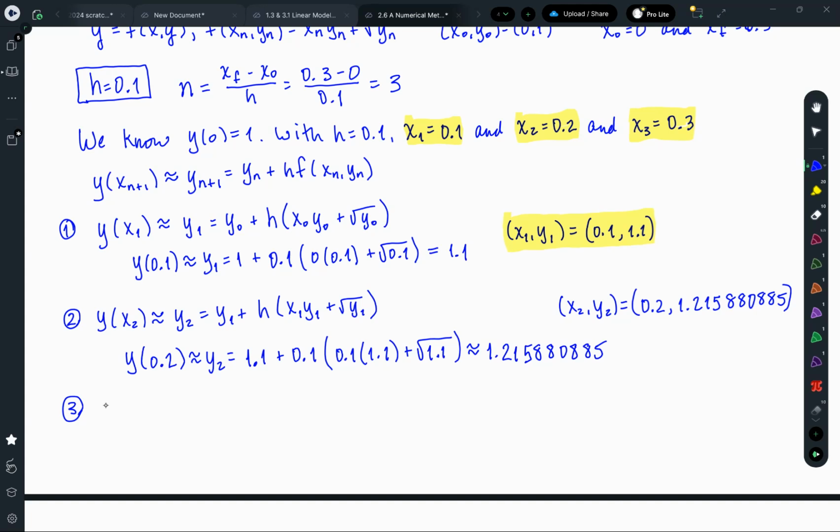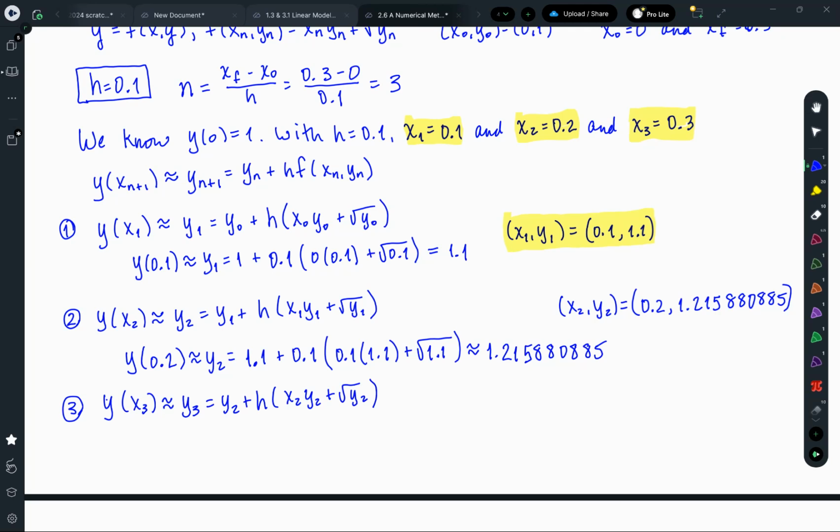It's my last one. I'm finding y of x3, which will be approximately y3, which is equal to y2 plus h times x2, y2 plus the square root of y2. Okay, my calculator and your calculator probably also has this. There's like an option to enter the last thing that showed up as an answer.